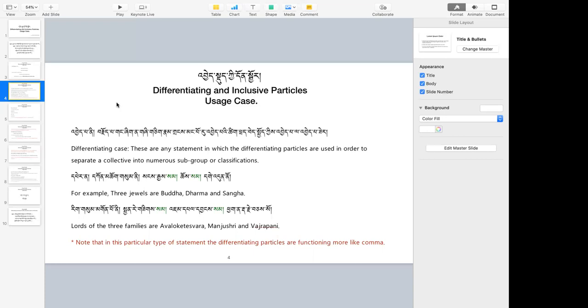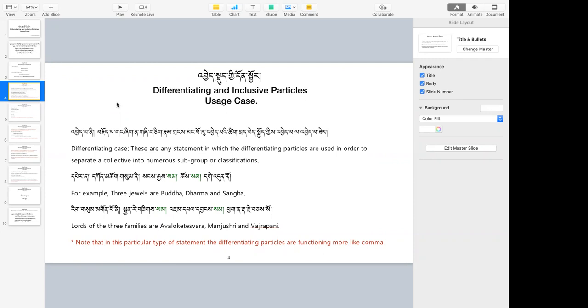So if a statement is doing such, it might be a differentiating case. It might be, because even though it might be a differentiating case, there may be other particles that are capable of doing it. So the second criteria is that the particle that is used in order to separate or differentiate each of these different subgroups or classifications should be a differentiating particle.